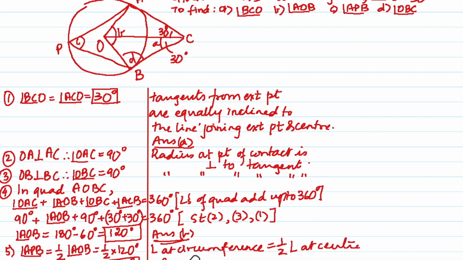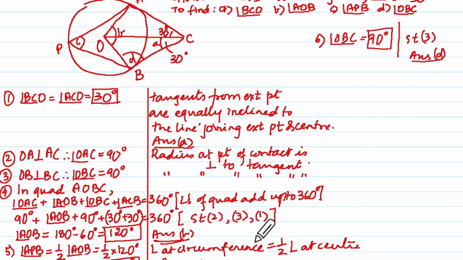This is our answer C. Now for the last bit, OBC. Haven't we already found angle OBC over here? It is equal to 90 degrees, which is statement 3, and that is your answer D. Okay, so that's the way we have to handle the circle question.